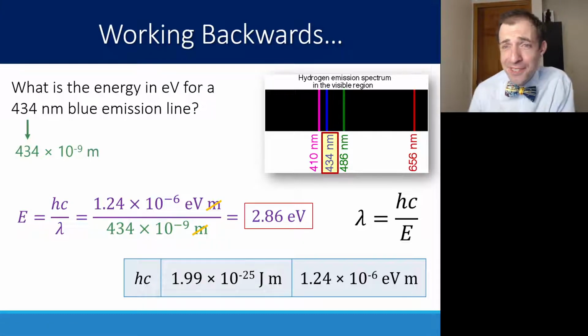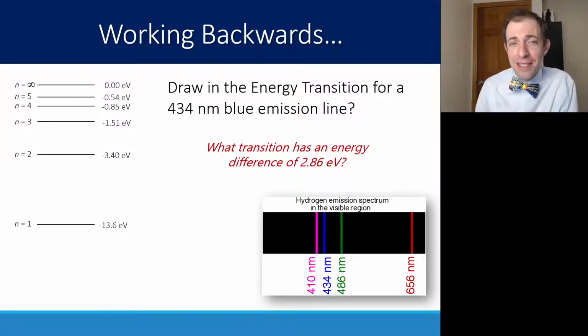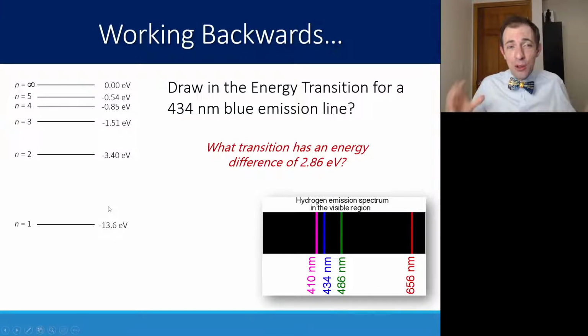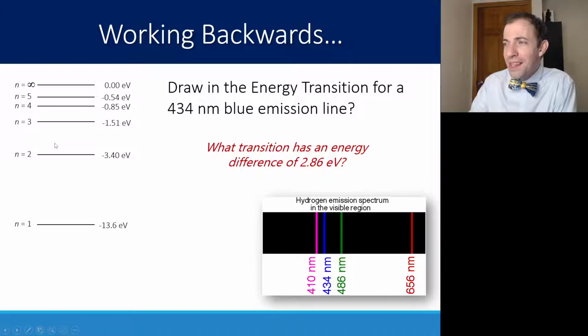All right, so that's interesting, but not super useful yet. Here, all I did was just convert wavelength back into energy. But now to finish this off, there is only one energy transition that will result in 2.86 electron volts. So you might need to guess and check, but you should be able to Sherlock Holmes your way into figuring out what the energy transition is that will result in a difference of 2.86.